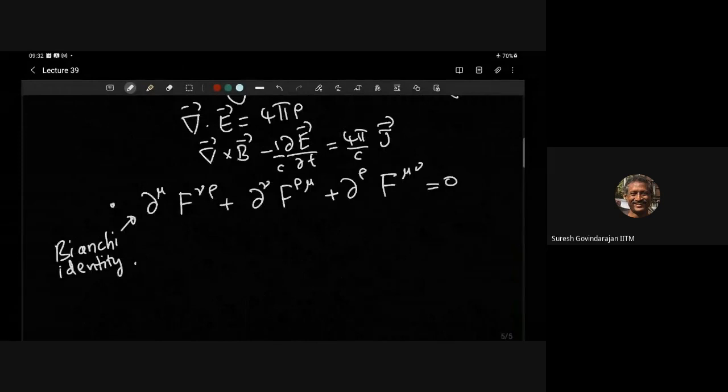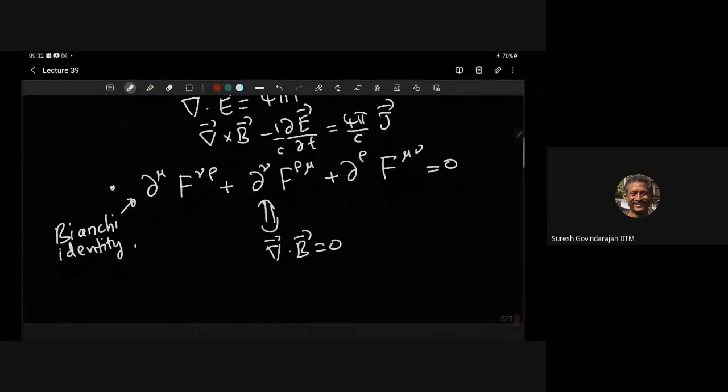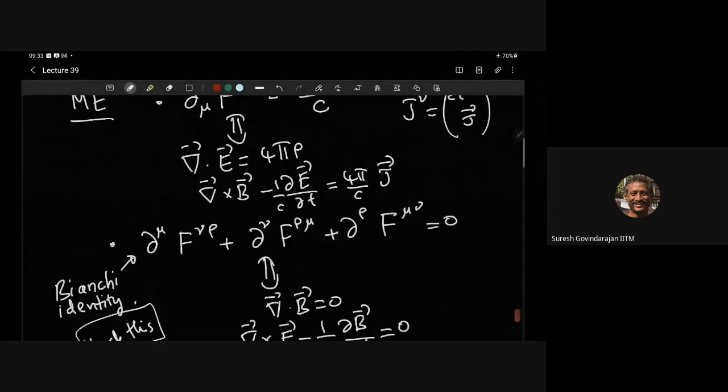That's what happens here. But this is actually the same as del dot B equals 0 and del cross E minus 1 by c dB by dt. This is all in Gaussian units. Okay, we wrote those. So you can verify this. But what is very important is that you look at these equations.